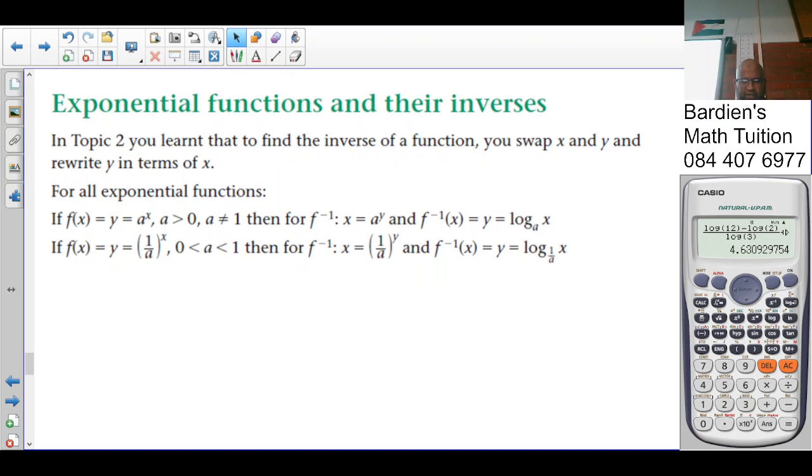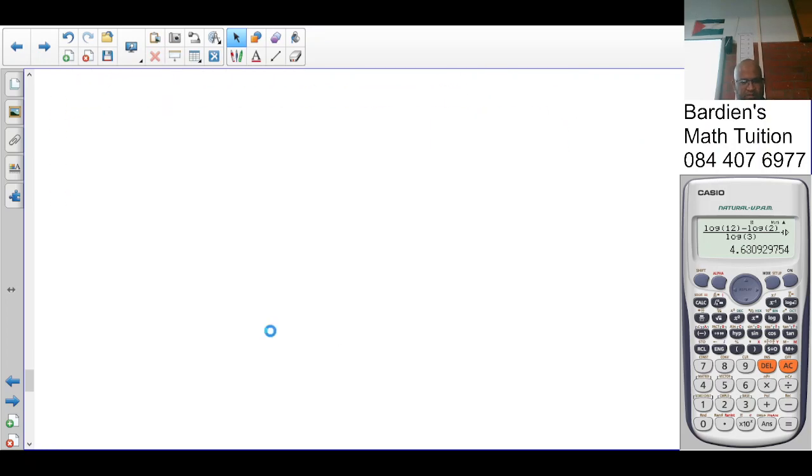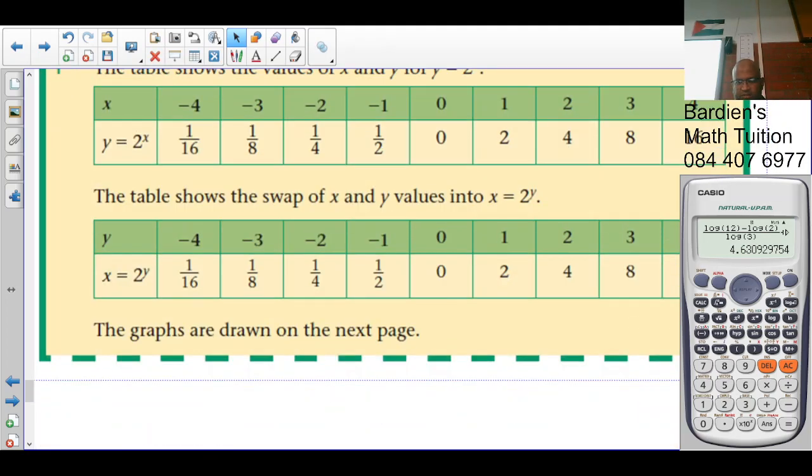Now at this point you can write this down in your maths books, in your notebooks. Explain this to you now.